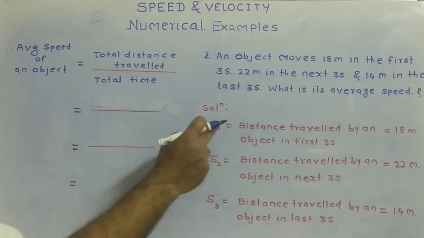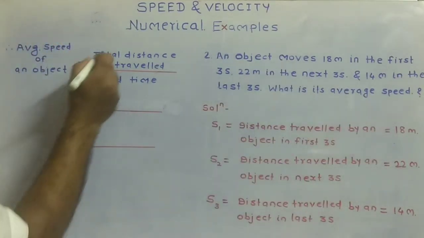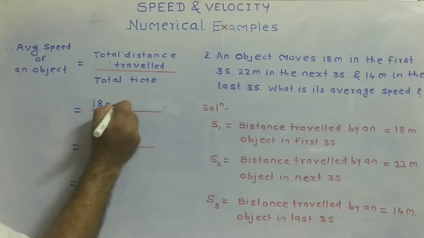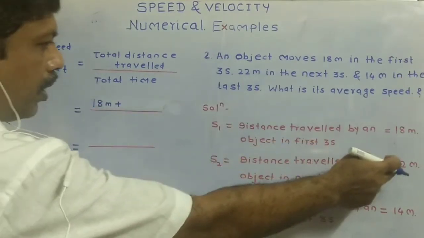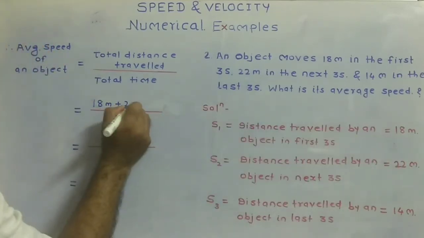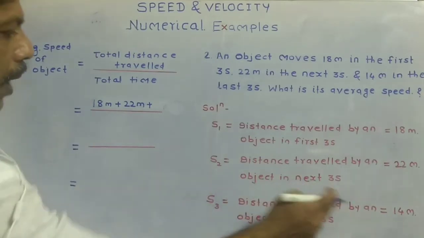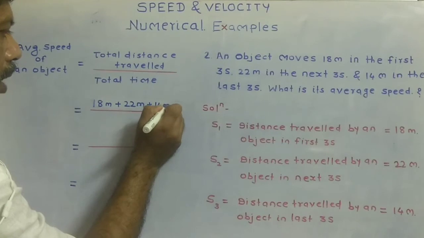Now here, what is the value of S1? The value of S1 is equal to how much? 18 meter. It means the distance traveled in first 3 seconds is equal to 18 meter plus distance traveled by an object in next 3 seconds is equal to how much? 22 meter plus distance traveled by an object in last 3 seconds is equal to how much? 14 meter.